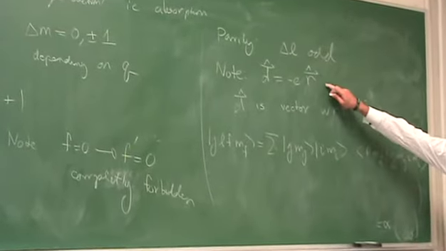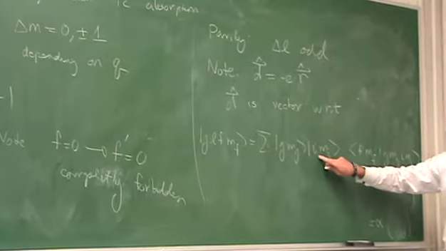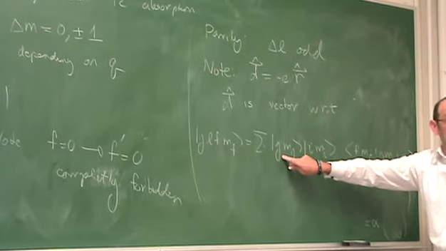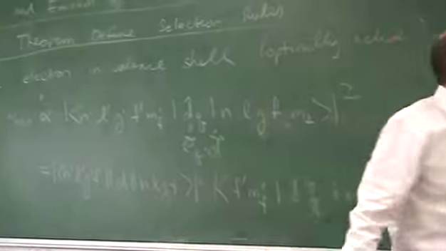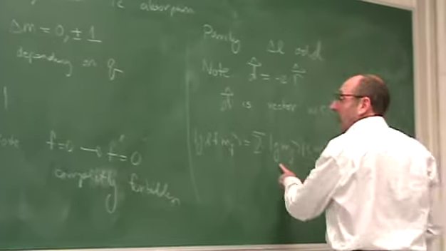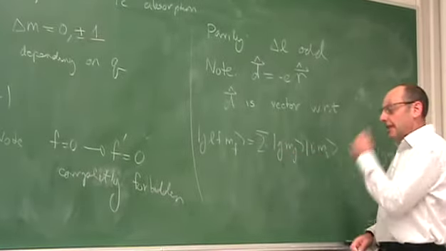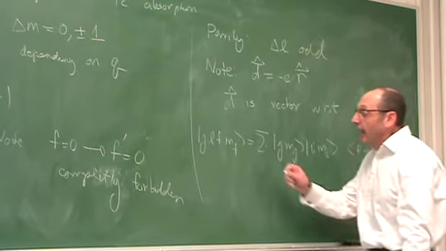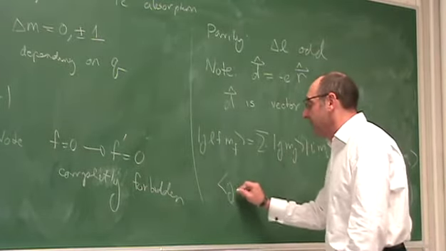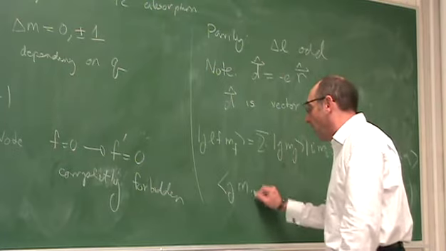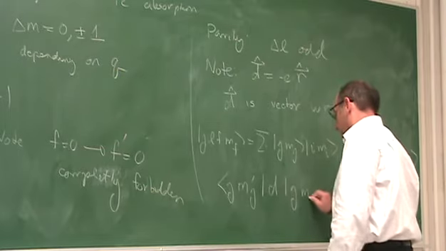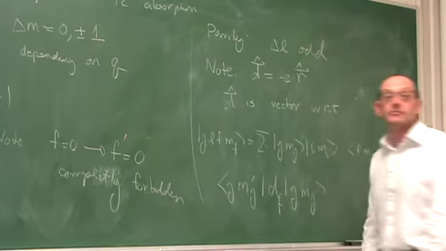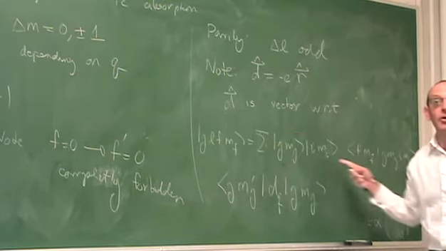Since the dipole operator doesn't act on the nucleus, it only acts on the electron, we will have in this matrix element only matrix elements within a given J. And if J is a good quantum number, we will have a variety of matrix elements of the form like this, if we were to decouple and write them out.